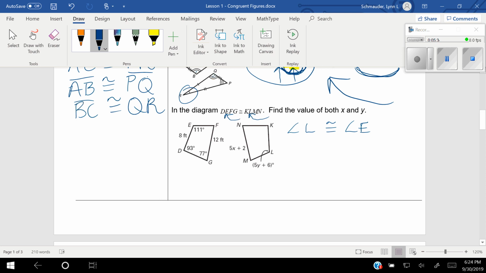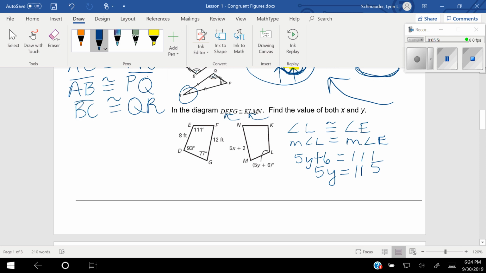All right, so therefore, because of the definition of congruence, I know that the measure of angle L equals the measure of angle E, and the measure of angle L is 5y plus 6, and that's going to be 111, correct? So 5y is going to be 115.